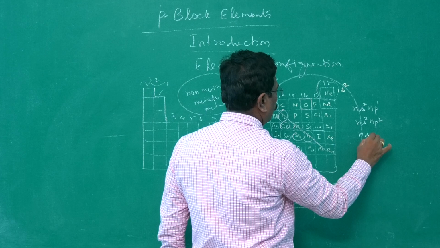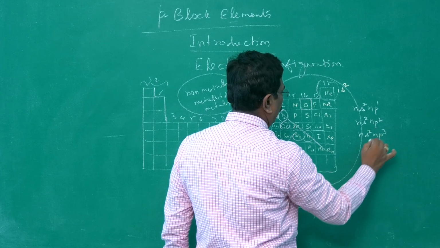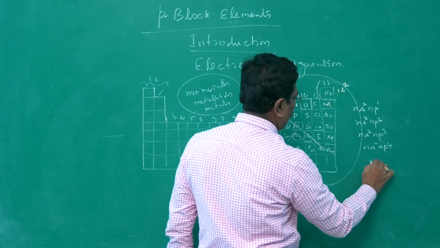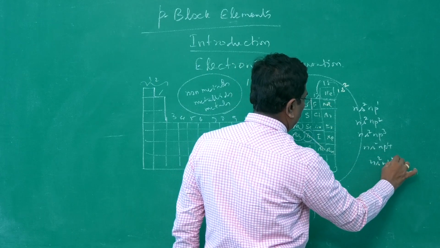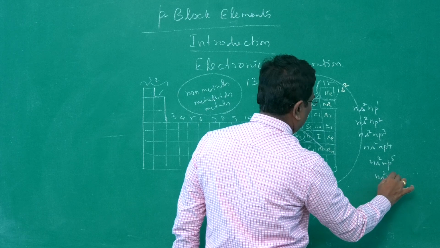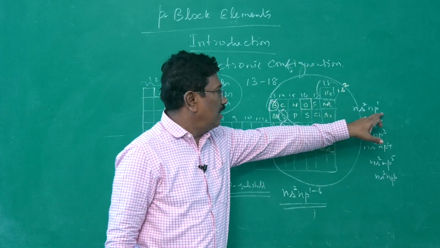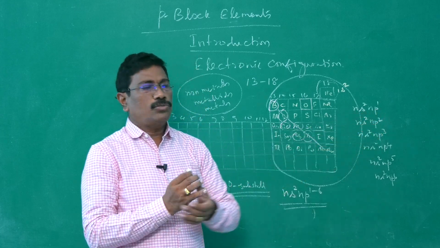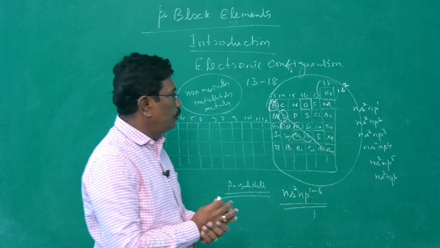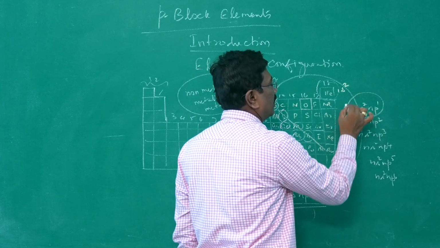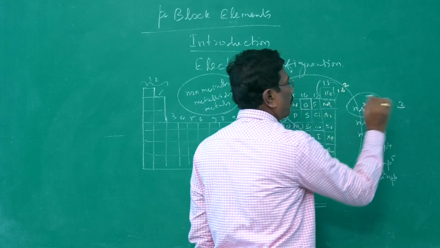For nitrogen, ns2 np3. For oxygen, ns2 np4. For halogens, ns2 np5. And ns2 np6 for the noble gases. Those elements with the electronic configuration ns2 np1 generally show the group oxidation state, that is, the number of valence electrons. They have oxidation state 3.